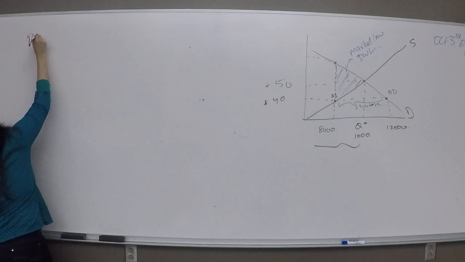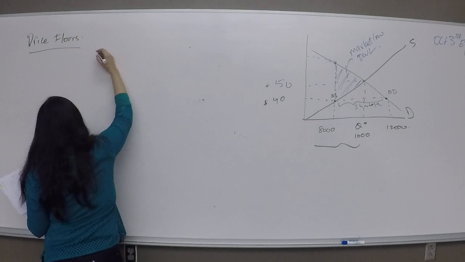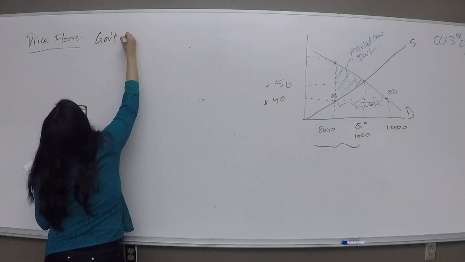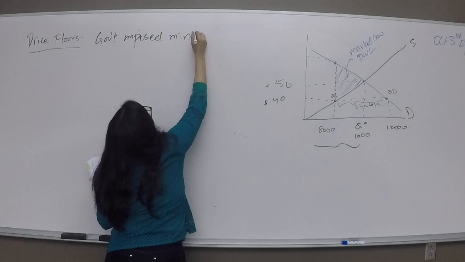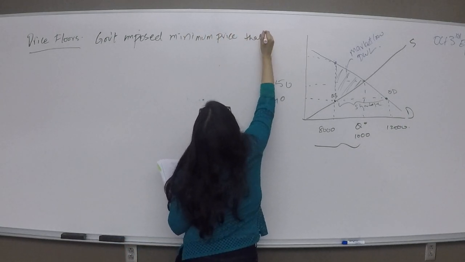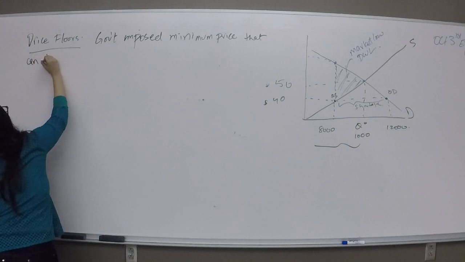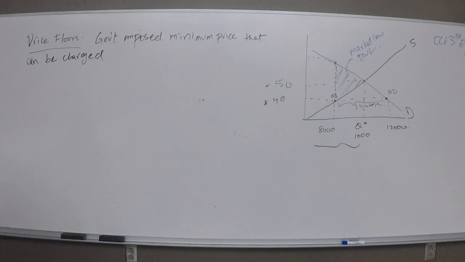Price floors: government imposed minimum price that can be charged. Minimum is the key. What was price ceiling? Government imposed maximum price that can be charged. That was intended to keep price low. This is government imposed minimum price that can be charged, and it is intended to keep prices high.